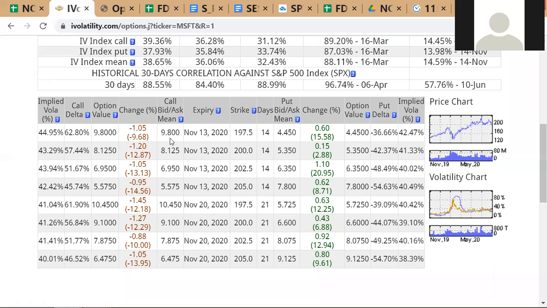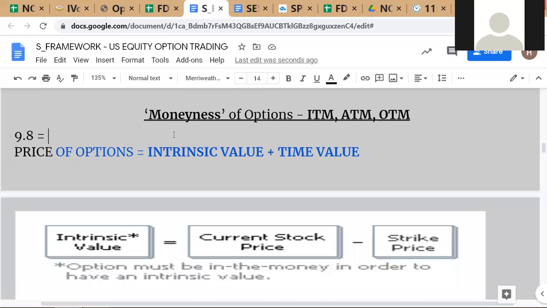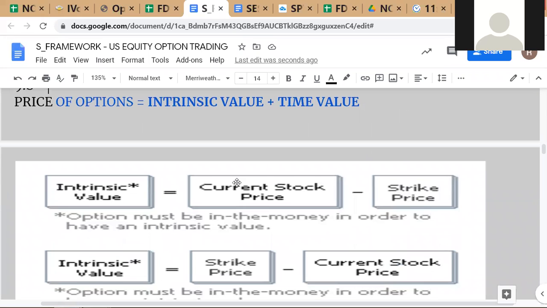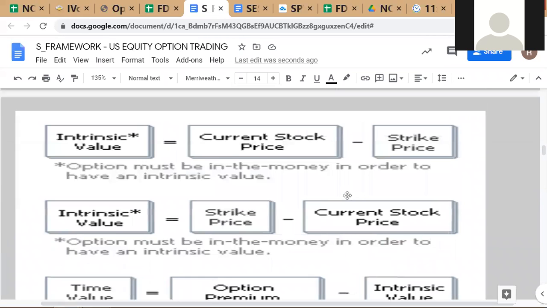What does it consist of? It consists of two parts, intrinsic value and time value, IV and TV. Let's look at IV first.